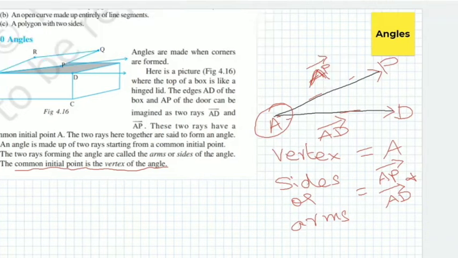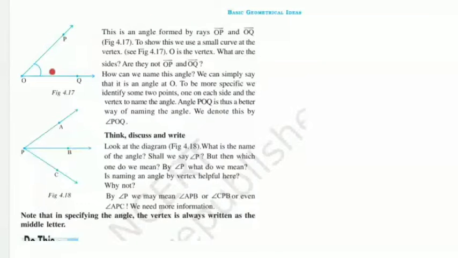How do you name the angles? Coming to this naming of angles. So consider this figure. They have given OQ, OP as two rays and they are meeting at O. So O is the vertex. And to denote the angle, we just represent it with a small curve like this. The name of the angle will be POQ.